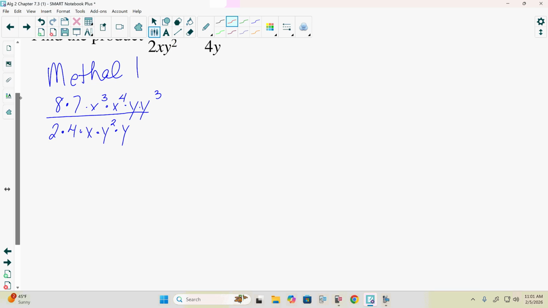And I'm not saying method 1 is bad. I'm not saying that there's anything wrong with method 1. If you like it, if you see how it works, do it that way. Because one of the things they say for this here, I'm not going to do it for every term, is that we break it up into the prime factorization. We break it up into their products. So 8 would be 2 times 2 times 2.